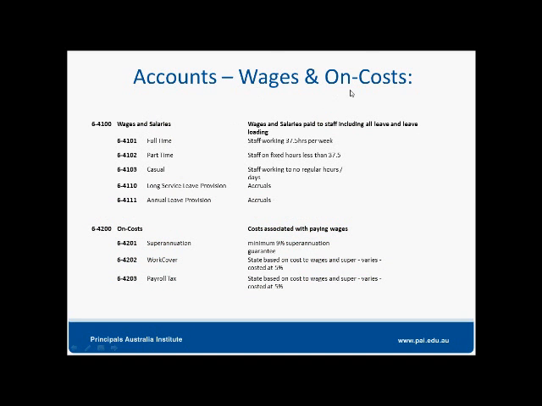Wages and on-costs, not something that you would charge things to. These costs here and here are generated by the payroll system and should not include any purchase order transactions.